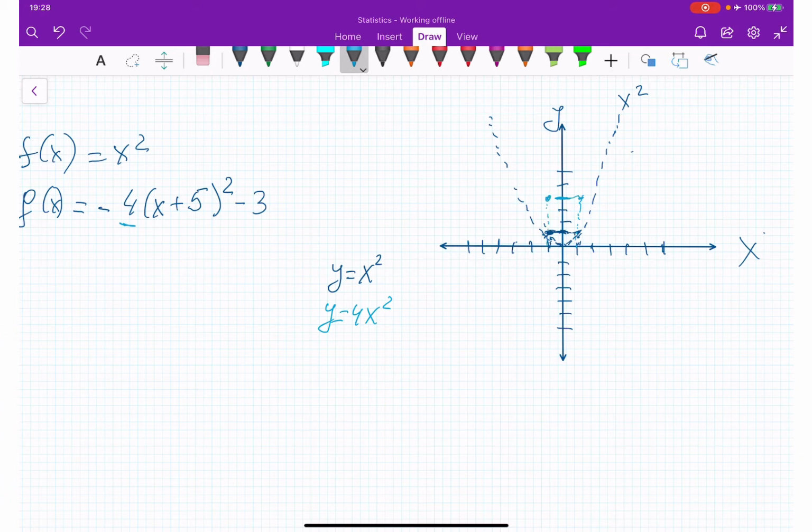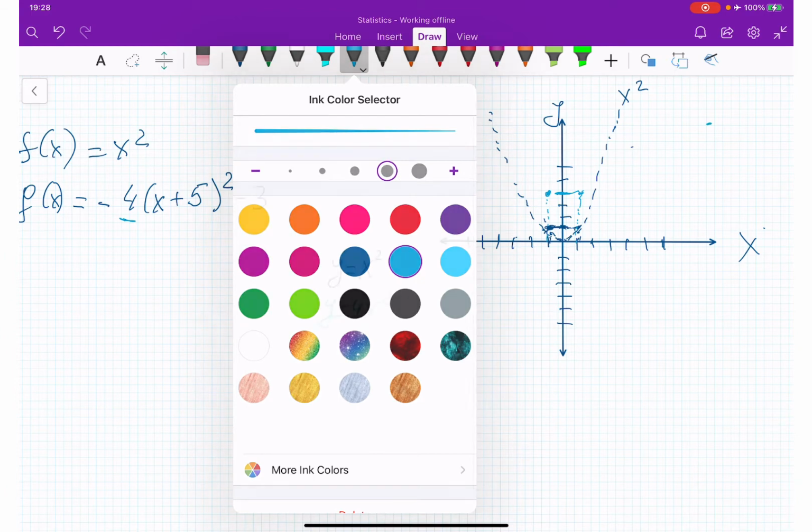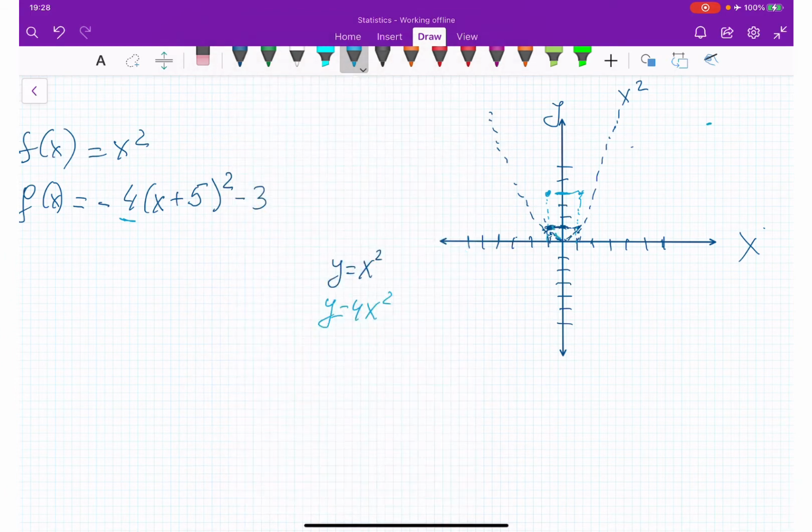Move 1, it's going to be here. All right, let's see. It's shrinking 4 times, right? So this one is 4x squared.